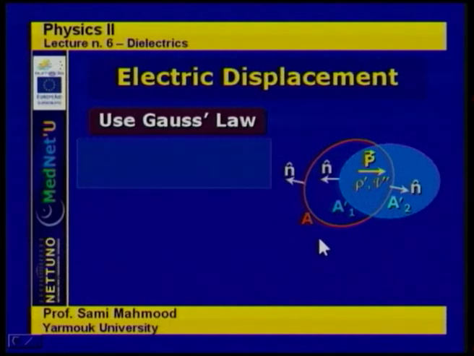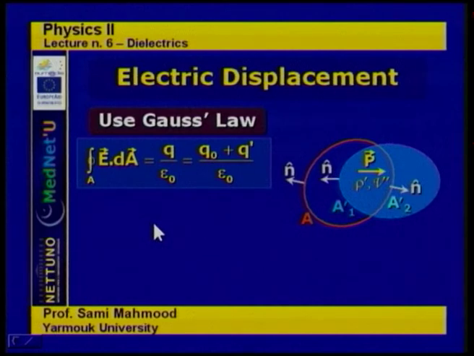With these in mind, we use Gauss' law, and we say that if we evaluate the integral of E dot dA over all the area of the Gaussian surface, this should be equal to all the charges enclosed within this Gaussian surface divided by epsilon naught.